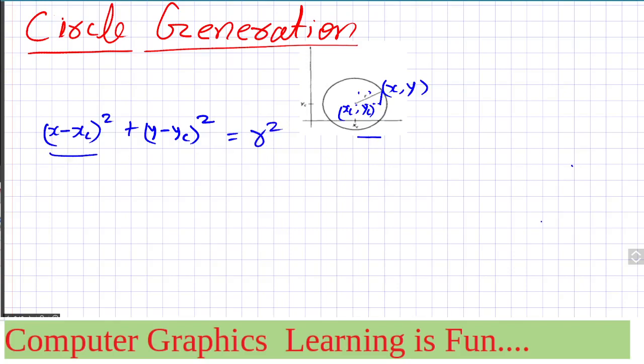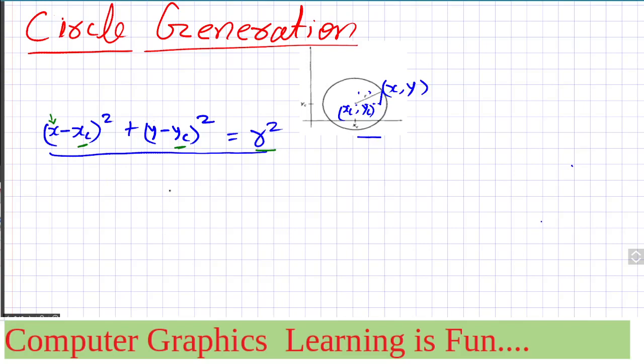So using this equation, if we are aware of the center point xc, yc, and we are also aware of the radius, then by giving one value of x, we can easily find the value of y. How?